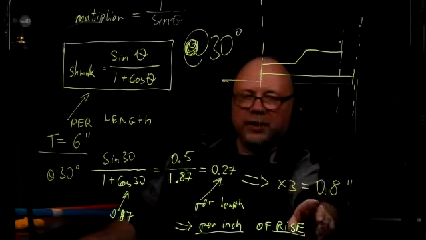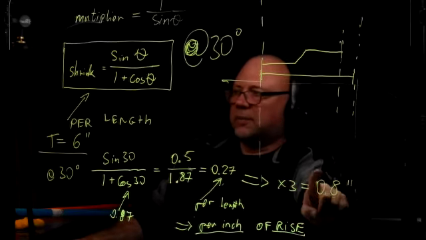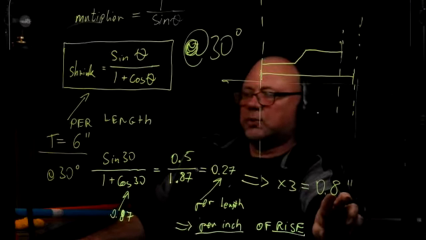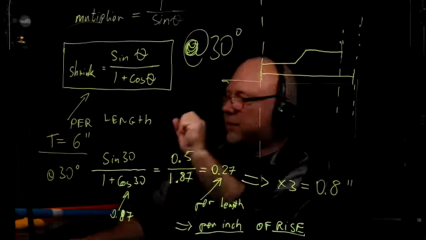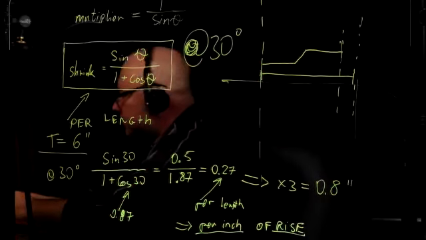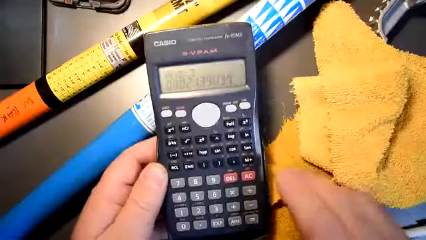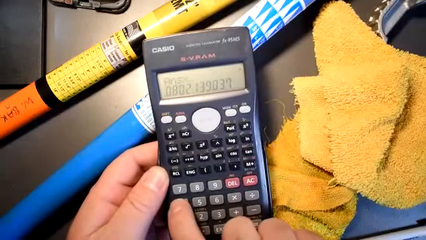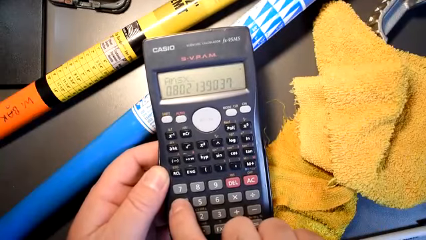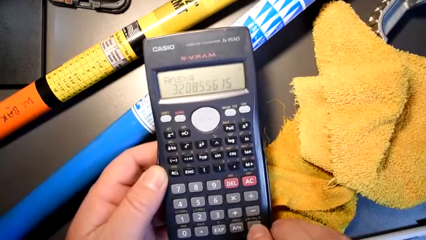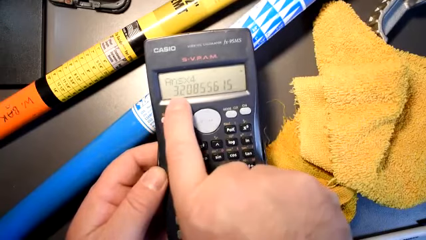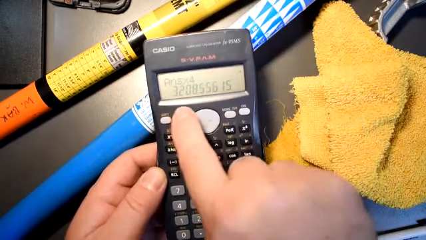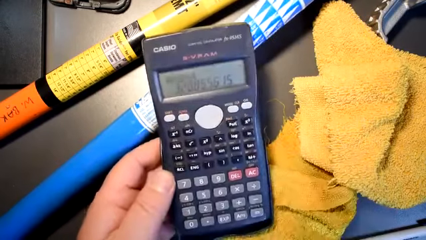You just multiply. So 0.8 times 4, because we want to see how many quarters of an inch. Times 4 gives us the number 3. So that's 3/4. It's a trick here, okay? So remember that.